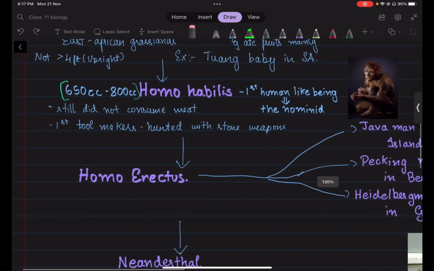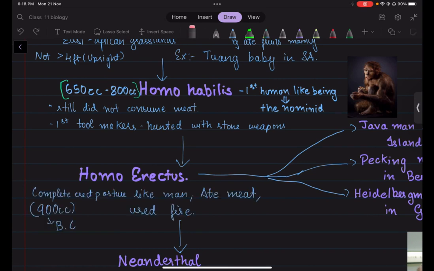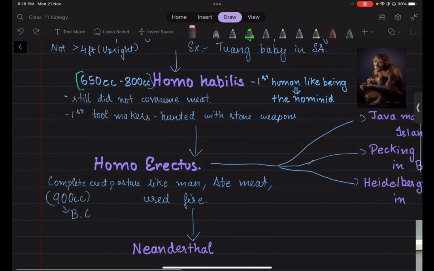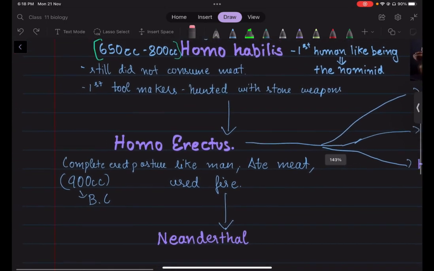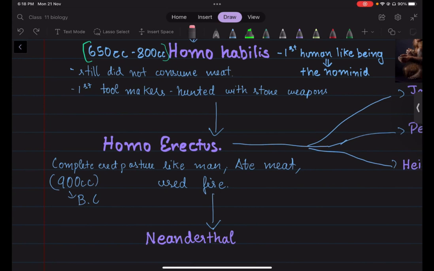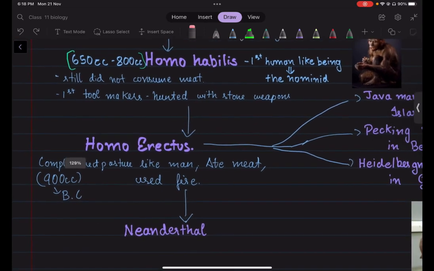After this, we have the Homo erectus. Erect means fully straight, right? They had a complete erect posture like the modern man, and they were the first ones to use fire and also eat meat. Their cranial capacity was 900 cc.